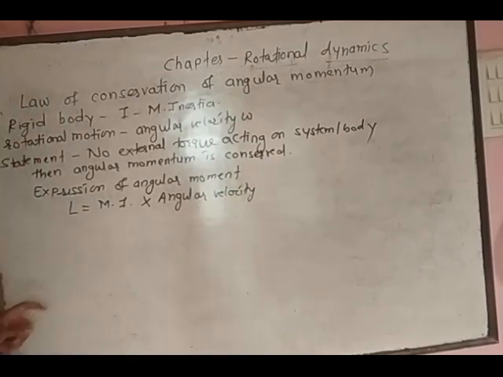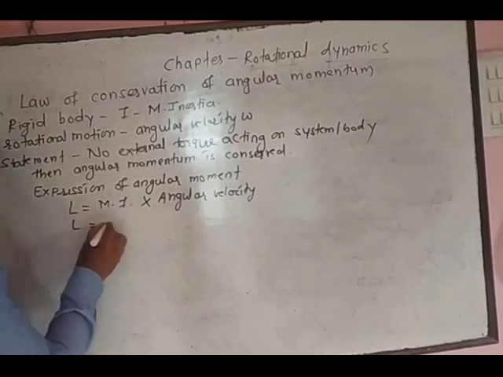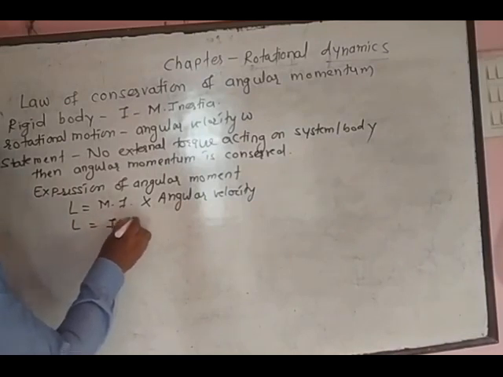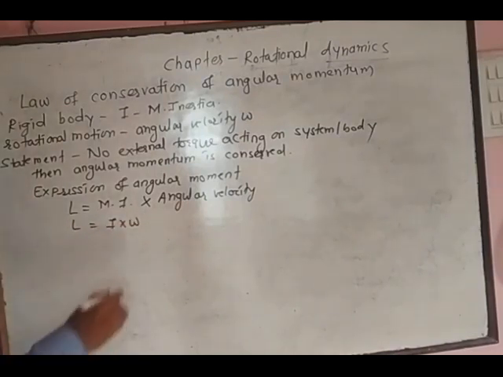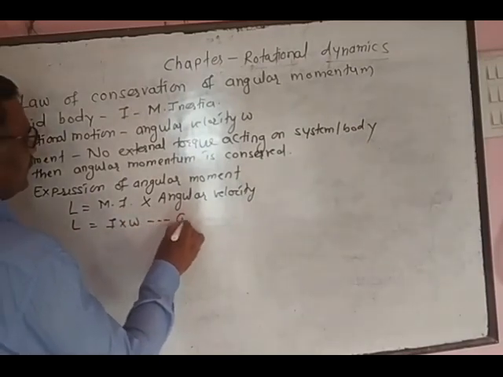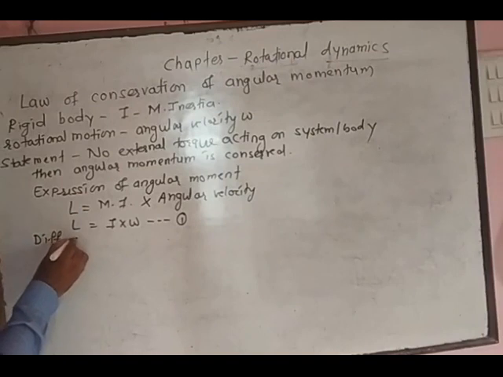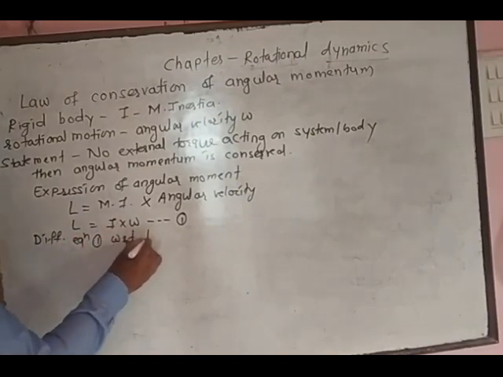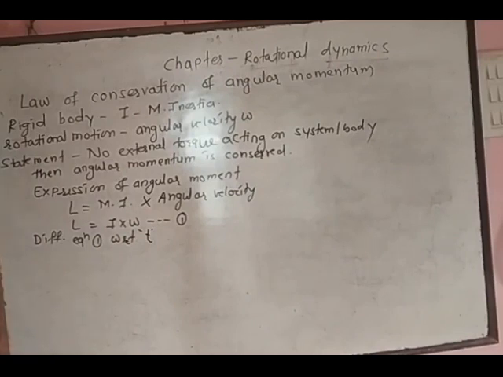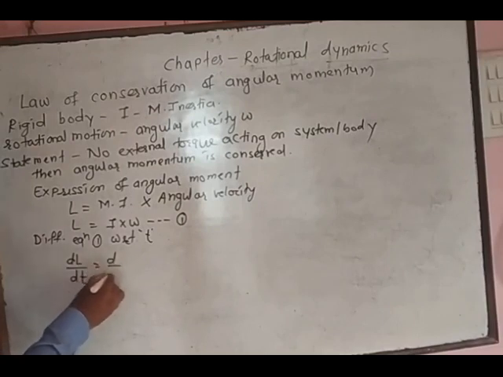We have derived this equation. L is equal to I into omega. Now suppose this is equation number 1. Differentiating equation number 1 with respect to t, we get dL upon dt equal to d upon dt of I omega.